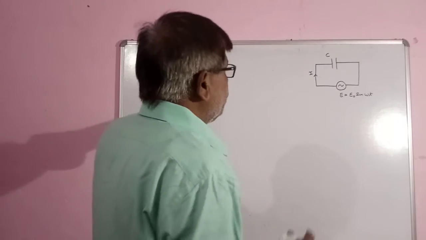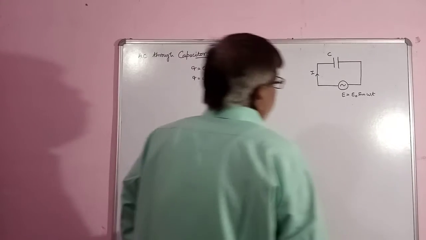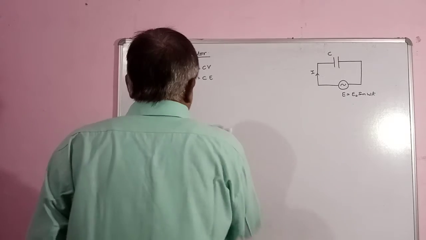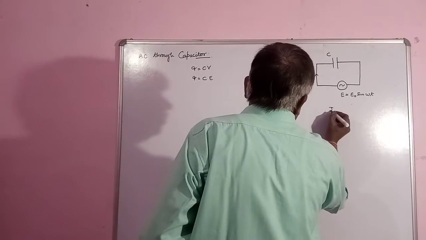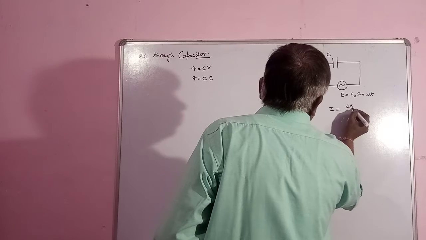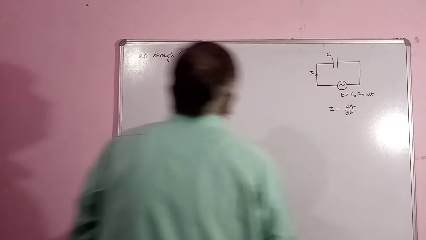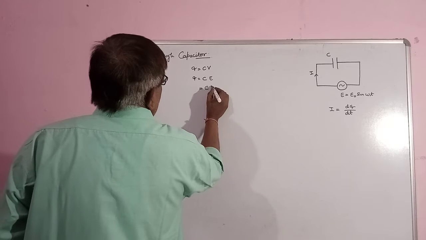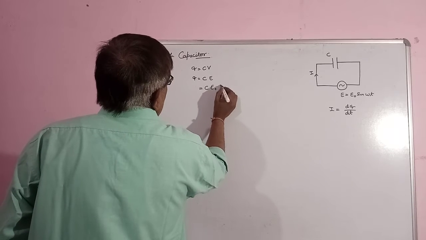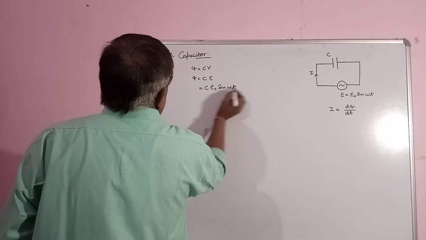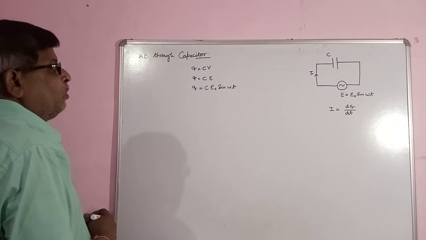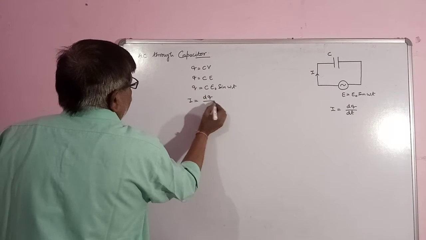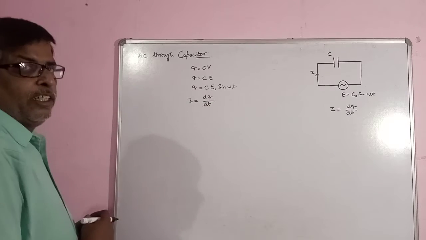And current I is denoted by dq over dt. So this Q is C E naught sin omega t, and I equal to dq over dt.